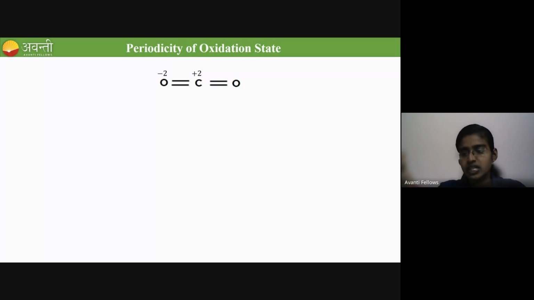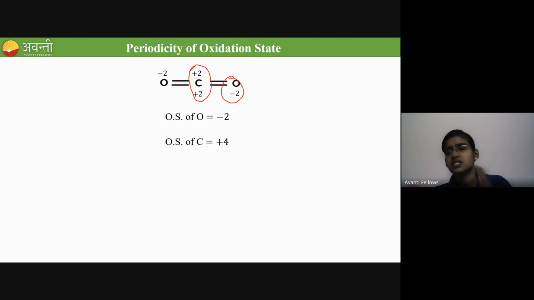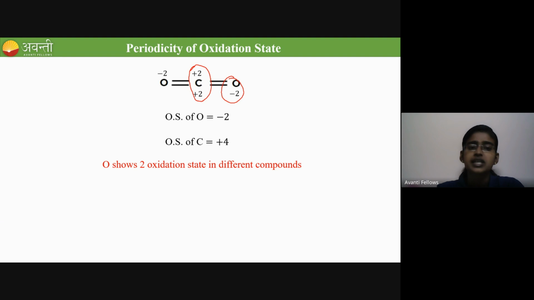In the same way, with respect to the second bond on the right side, oxygen will gain and carbon will lose. So the one carbon has how much charge? 4+, right? And each oxygen has 2-. So the oxidation state of oxygen is -2 and the oxidation state of carbon is +4. Oxygen shows two different oxidation states in different compounds.